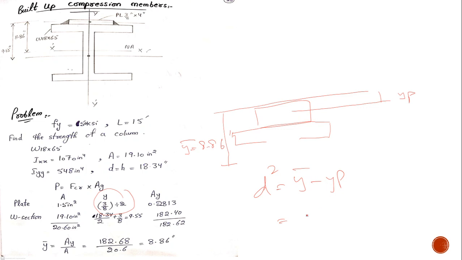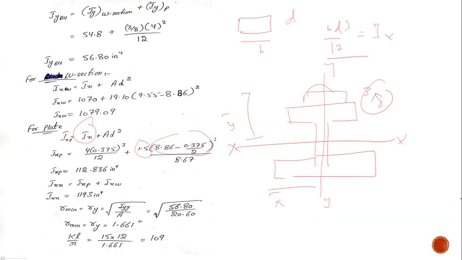Y dash is 8.86 and YP is simply 3 by 8 divided by 2, or 0.375 divided by 2. It has been done here. Just solve it and you will get this.